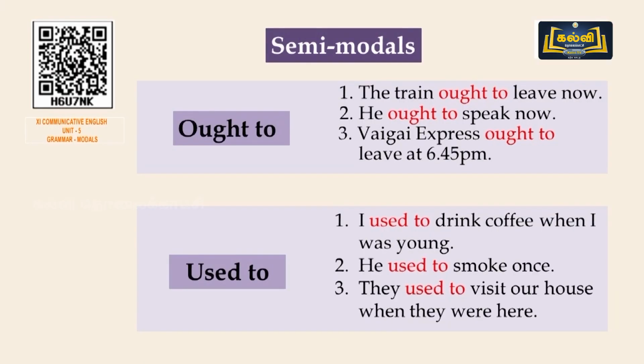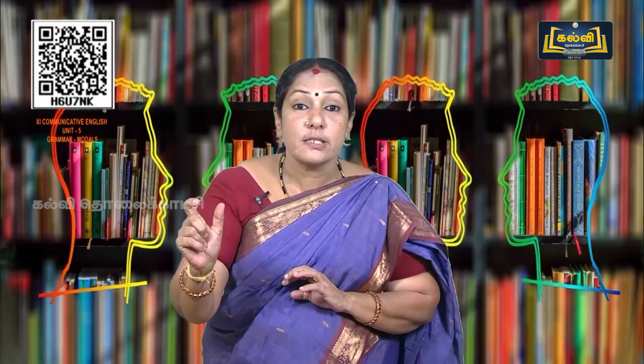Ought to. The train ought to leave now. He ought to speak now. That means what? It shows the compulsion. Ought usually shows the duty, the compulsion of a particular thing. The soldier ought to join duty.